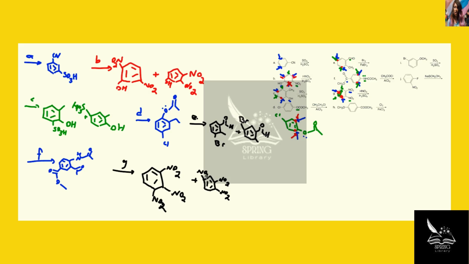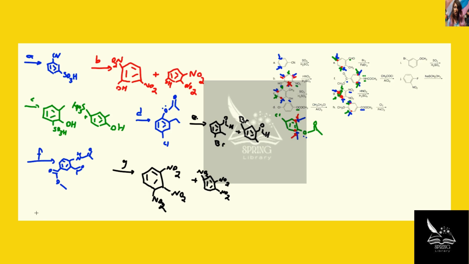So now, let's move on to H. So H, now we have an ester on the right, which is going to be meta-directing because it's electron withdrawing. And we have a methoxy group that's going to be electron donating, so it's going to be ortho and para. Para is occupied, so it's only the ortho position. So we once again have overlapping effects at these 2 ortho positions. Therefore, we're only going to get 1 product because they're identical, because of that internal plane of symmetry that we have in the molecule.